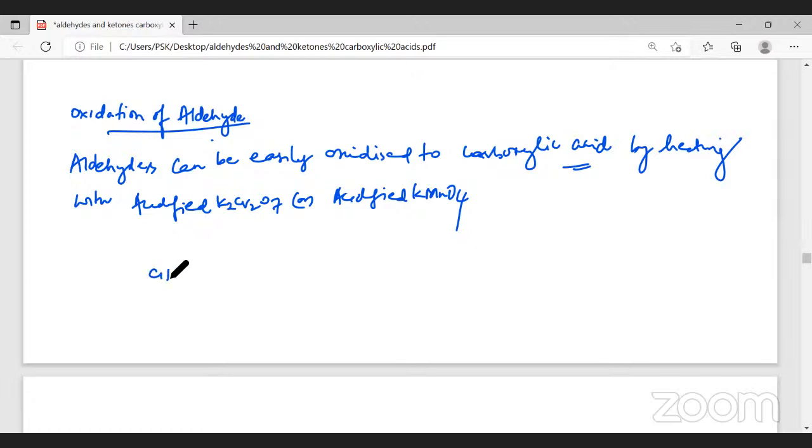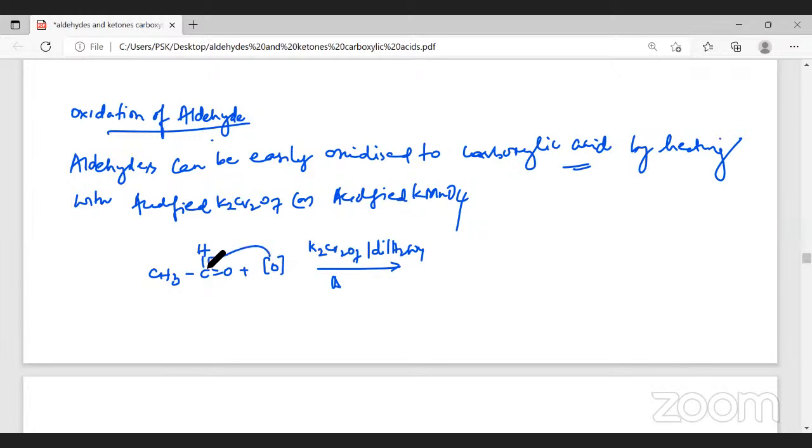Now, if you take an aldehyde, for example acetaldehyde, when you heat it with acidified potassium dichromate, K2Cr2O7, in dilute sulfuric acid, potassium dichromate will react with dilute sulfuric acid to give nascent oxygen. Since it gives nascent oxygen, it is called an oxidizing agent.